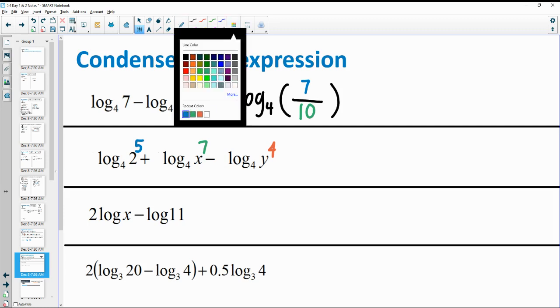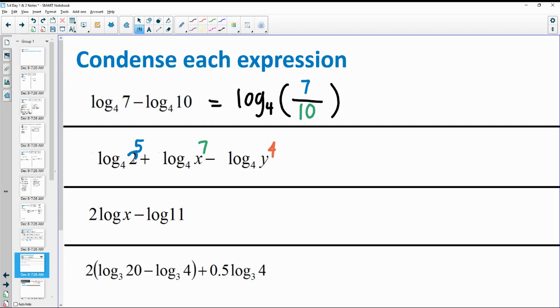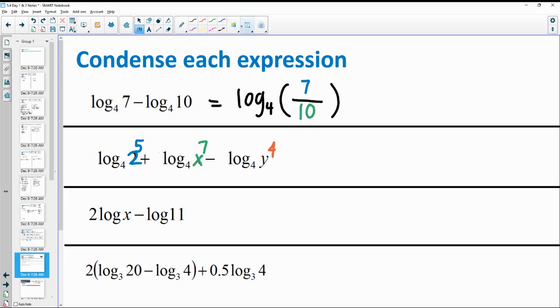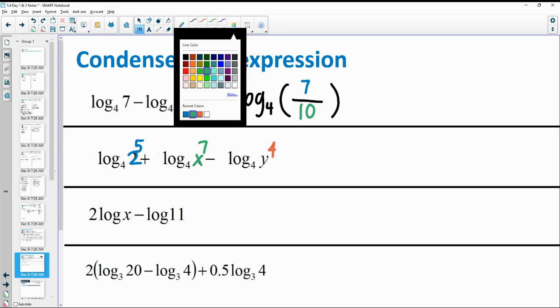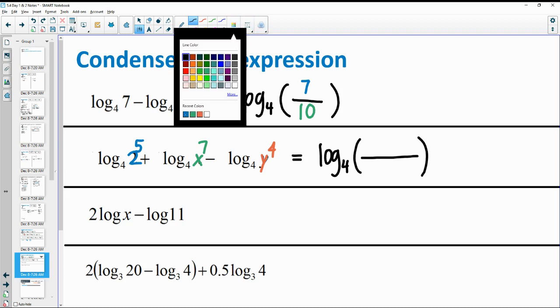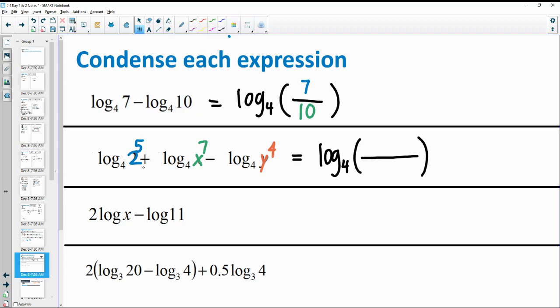Now we're going to take a look at the full insides here. And we're going to deal with whether we're going to multiply or divide these. So we're bringing this to one logarithm. So again, a log base 4, and we see that we have addition and subtraction. So that means we're going to have multiplication and division. So the ones that are added together are going to be multiplied on top.